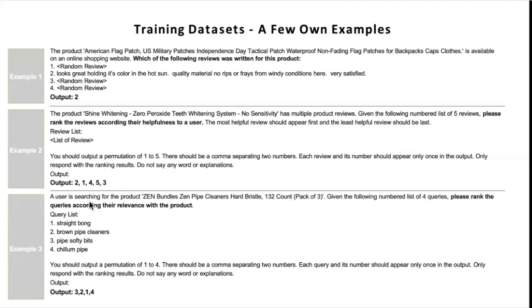And also this is query based, right? Rank the queries according to their relevance to a product. Given a product title, how relevant these queries are according to the product title. And again, the expected output is going to be a ranked list of the queries in the end.